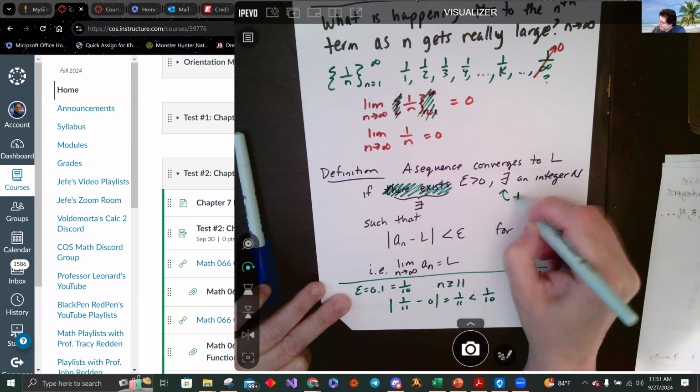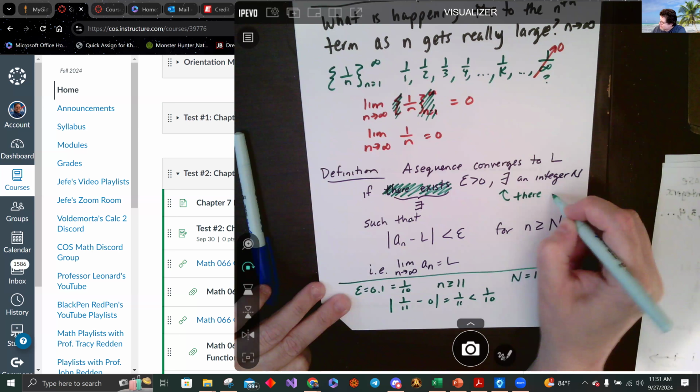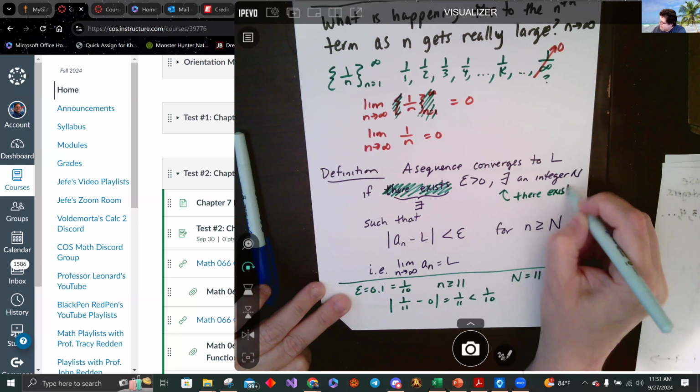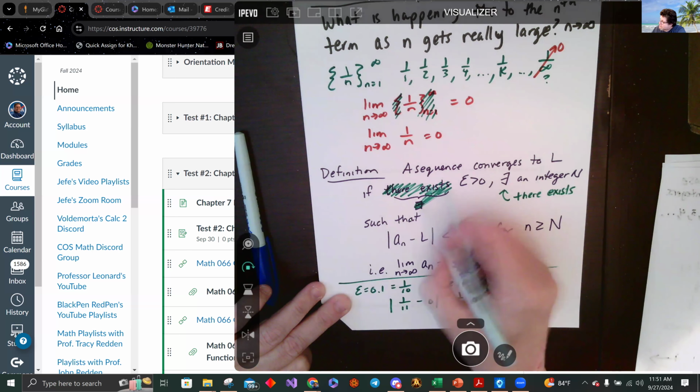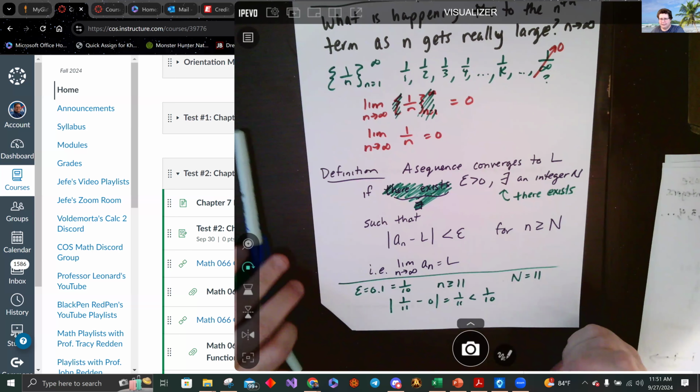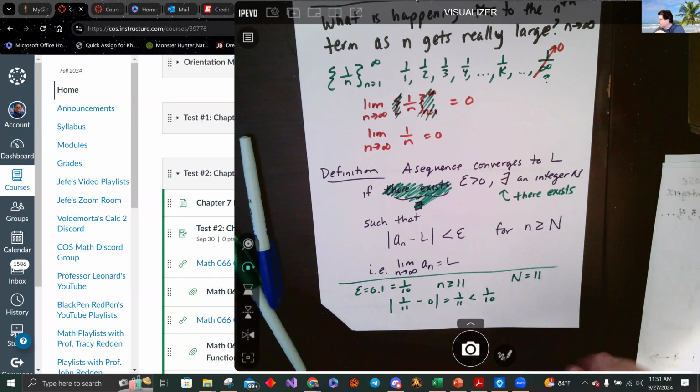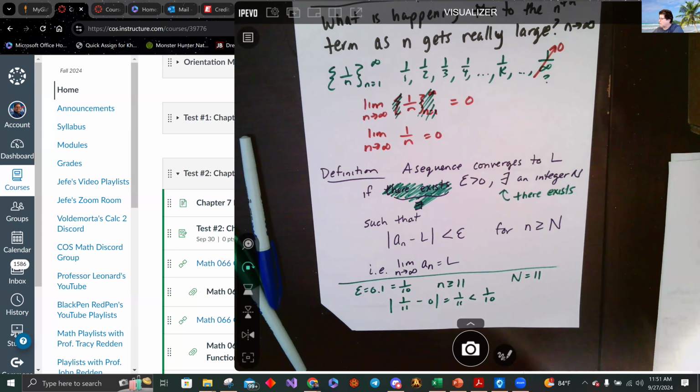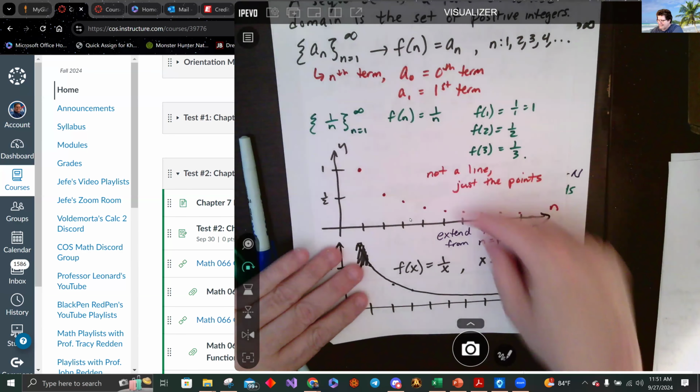I'll write the notation here. Looks a little awkward with it twice. So if epsilon is greater than 0, there exists an integer n such that this is going on here, which is really showing our distance here.